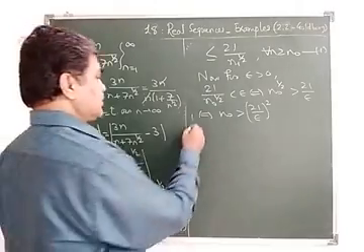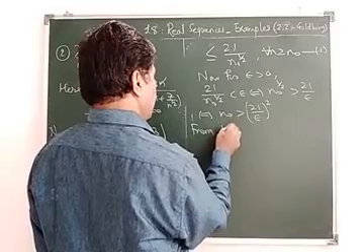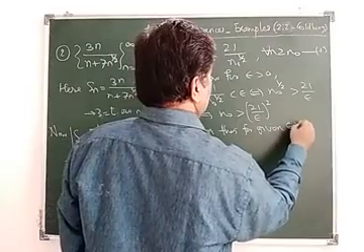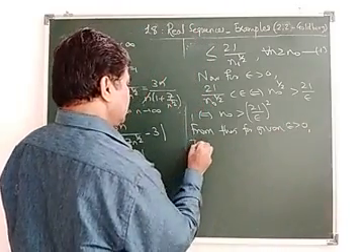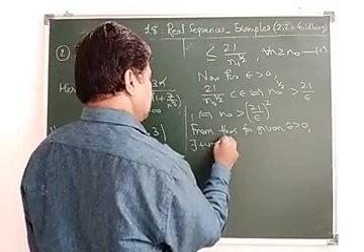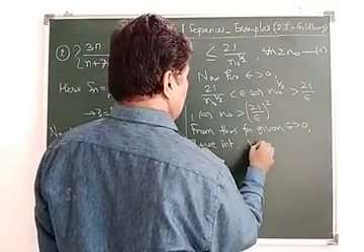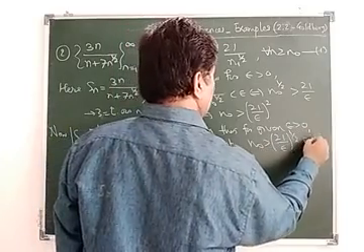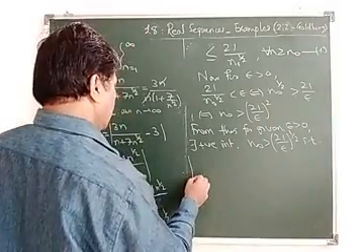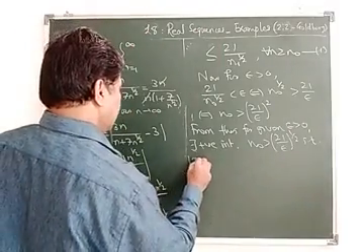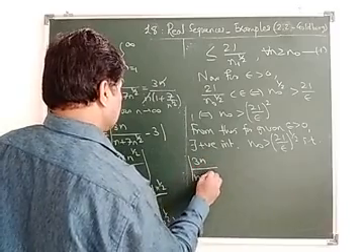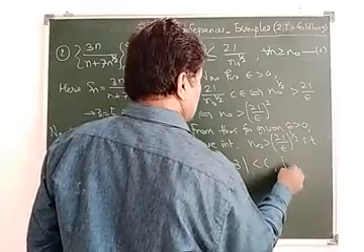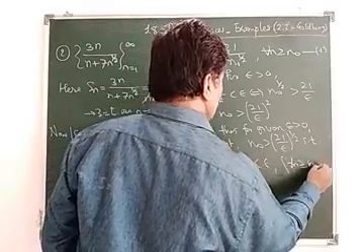So for given epsilon greater than 0, there exists a positive integer n naught greater than (21 upon epsilon) raised to half, such that mod of 3n upon n plus 7n raised to half minus 3 is less than epsilon for any n greater or equal n naught.